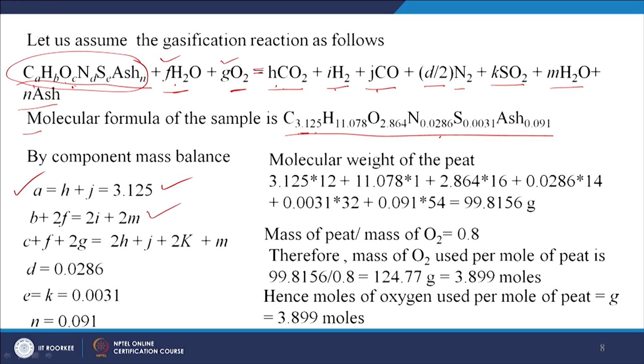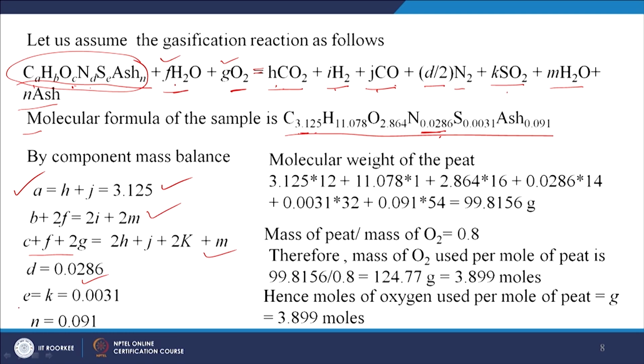Then for oxygen balance, we are getting C plus F plus 2G on the left hand side, and on the right hand side 2H plus J plus 2K plus M. And for nitrogen balance, the left side is D and the right side is D by 2 into 2, that is D. So, both sides match, and this D value is 0.0286.